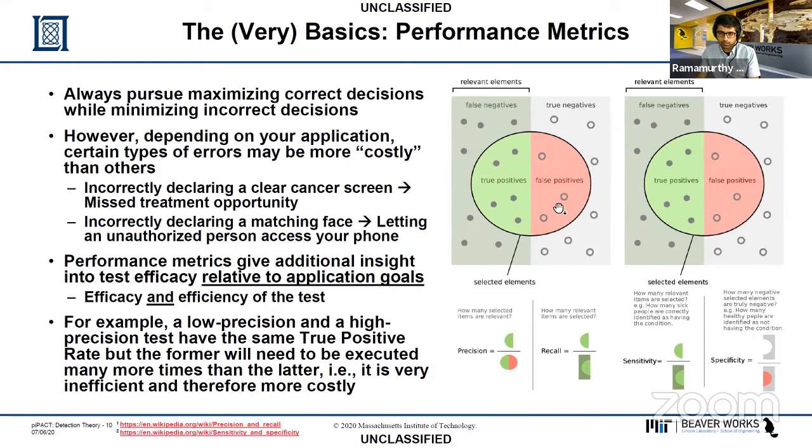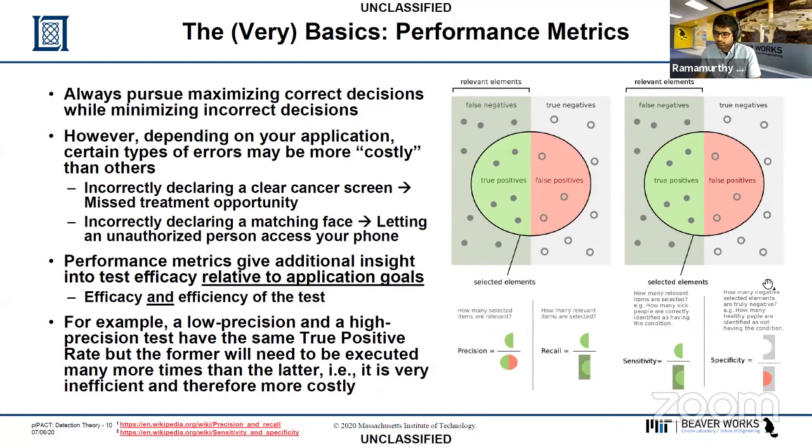Inside the circle on the right is when we've incorrectly declared something as being negative, so those are false negatives. And the same is true for outside the circle: when something is actually negative and we declared it positive, that's a false positive, and when something is actually negative and we correctly declare it as negative, that's a true negative.